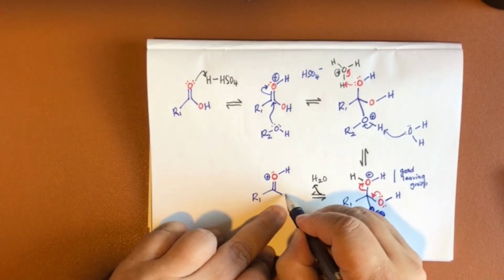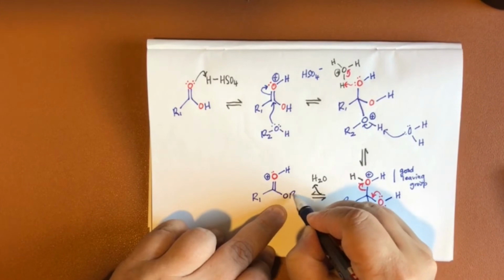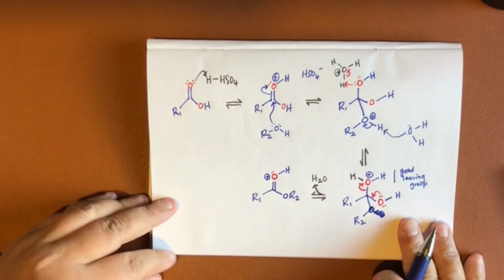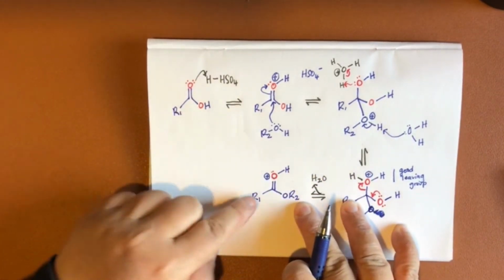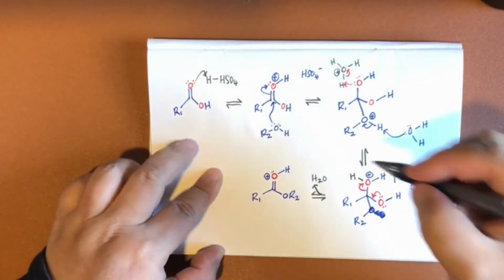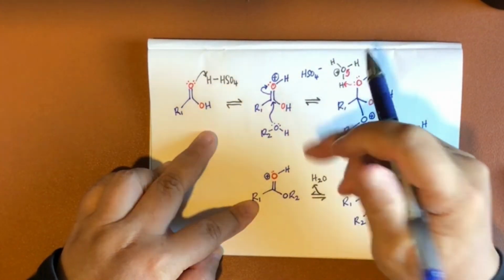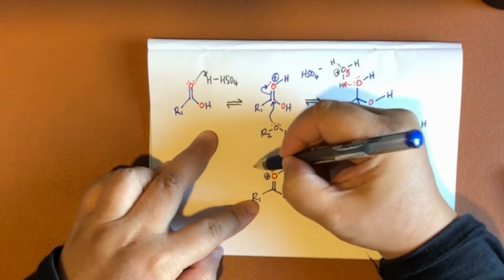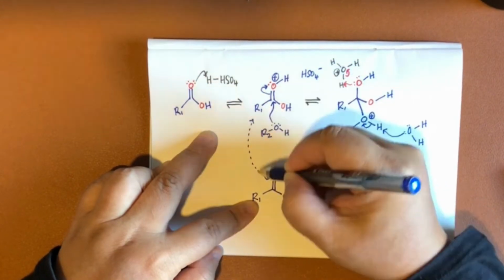This oxygen is coming from the alcohol, R2. So we pretty much have back something similar. If you look at this one, it is very similar to this species. I'm going to draw a dot there to show these are similar to the other one.